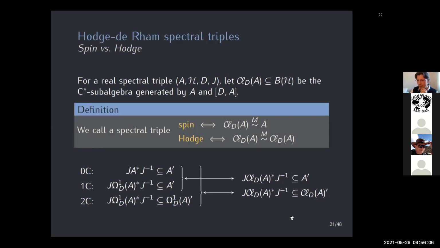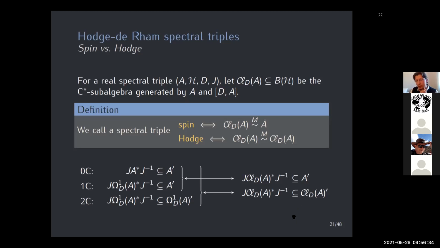Sorry, could you say that again? So once again, you start with a real spectral triple. For a real spectral triple, you define what it means to be Hodge. And then you give an example coming from a general Riemannian manifold, which produces a spectral triple. But this is not a real spectral triple. Yeah, indeed. Sorry, I've been a little bit sloppy.